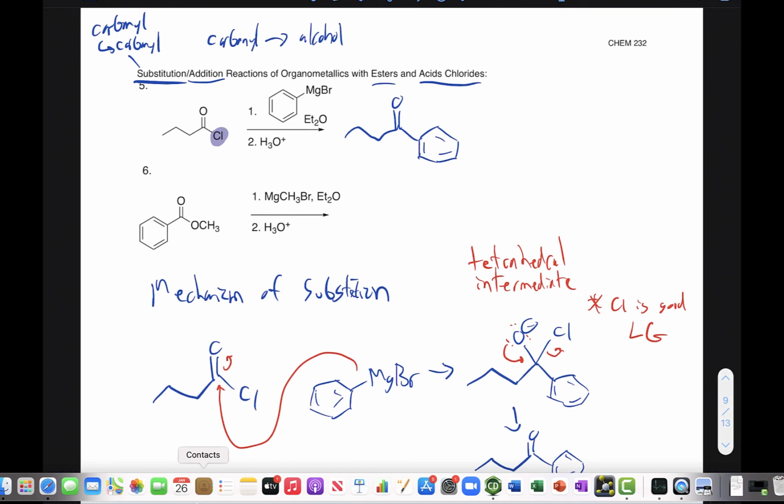And in a similar way, with esters, we see the same transformation take place, where we form a tetrahedral intermediate, and then finally our Grignard reagent swaps in. It'll come in, the O- will form, and then we'll have our species down below leave as a leaving group.